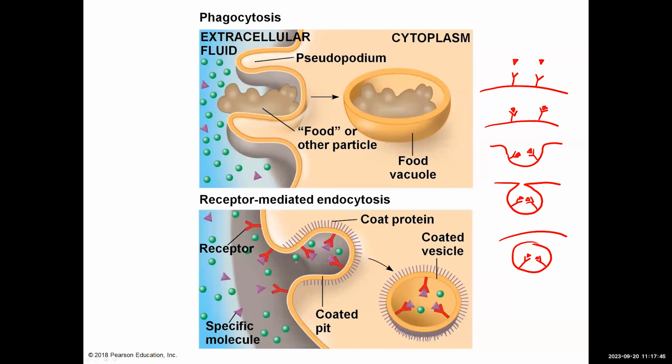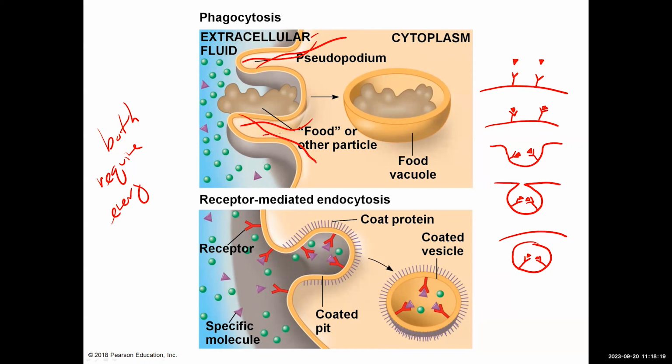Both of these require energy. So to do this, when we talked about the cytoskeleton, those are sets of proteins that create these different structures. So to do this, we're building and destroying the cytoskeleton pieces to push the membrane outward.